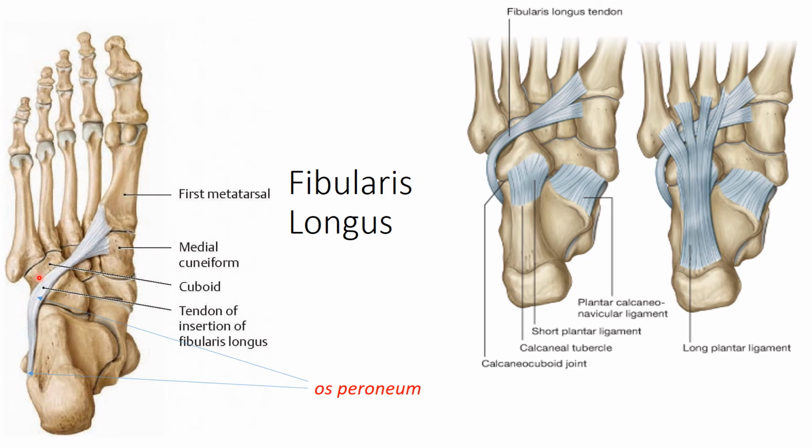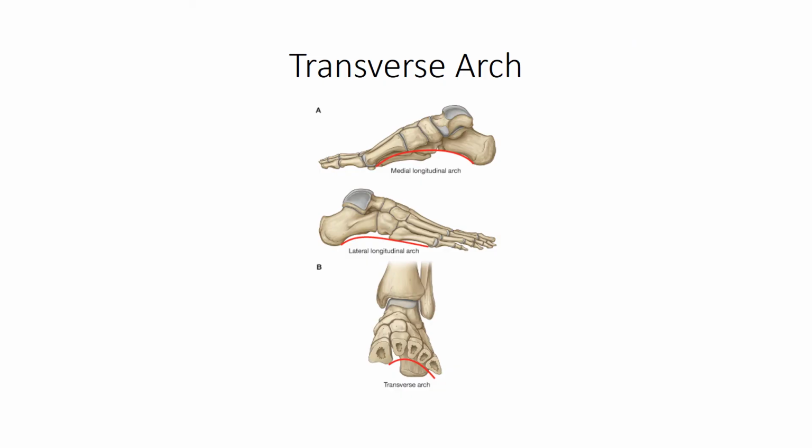So its action raises the summit, and thus it makes the arch more concave, and it also supports against the drooping of this portion of the cuboid through its oblique passage. So through these twofold actions it maintains this shallow lateral longitudinal arch.